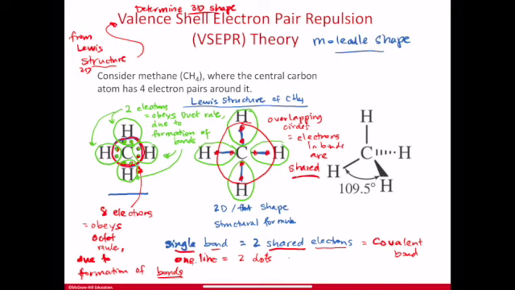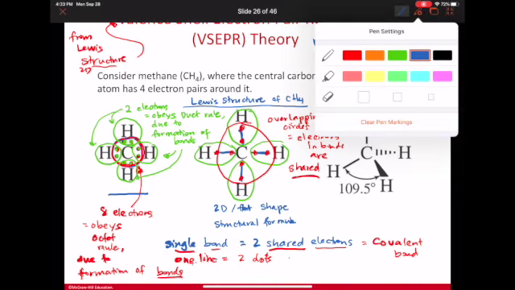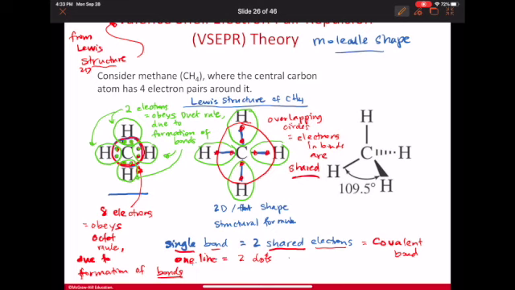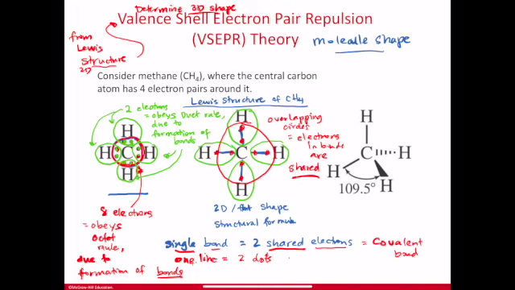Okay, and so here this starts with the Lewis structure, and this is going to be slightly different, so I'm going to choose orange. Looking at the central carbon and how many bonds and lone pairs are around the central carbon will determine the shape of the molecule.